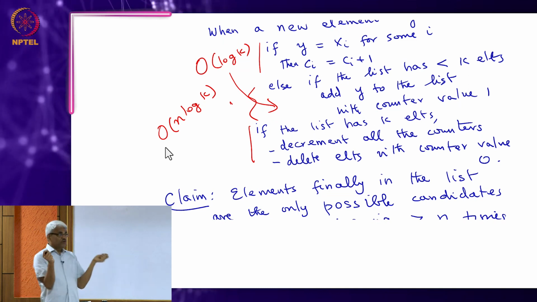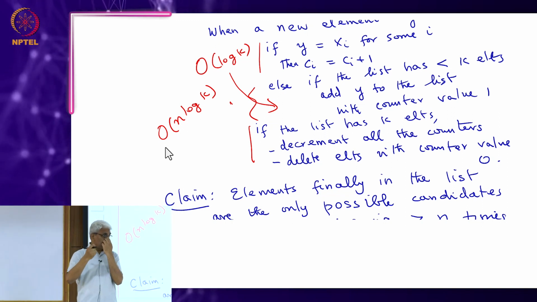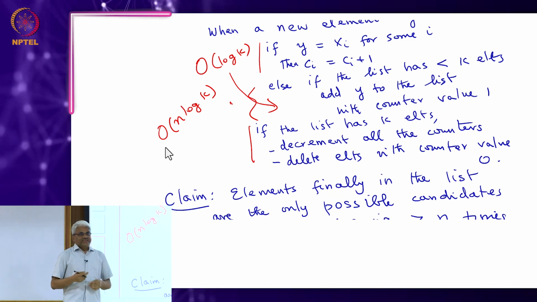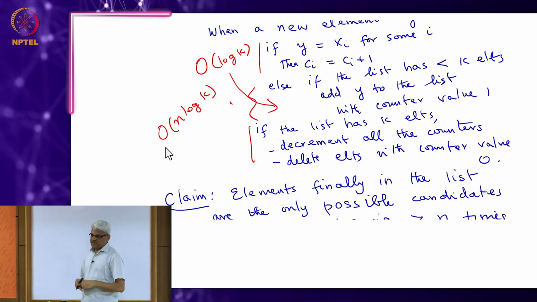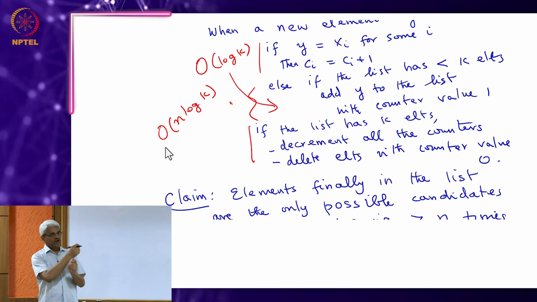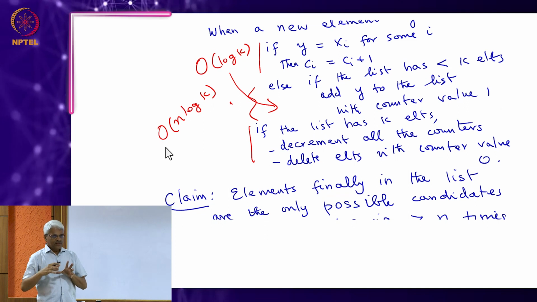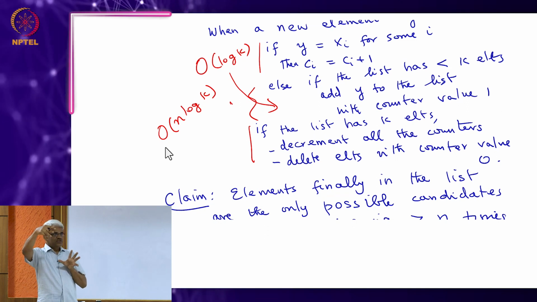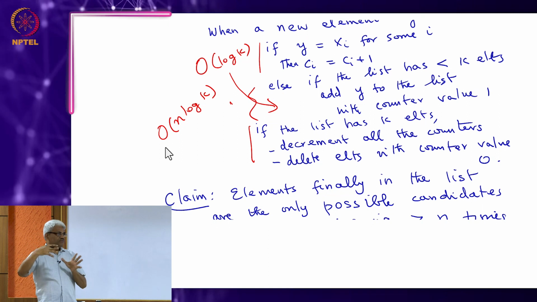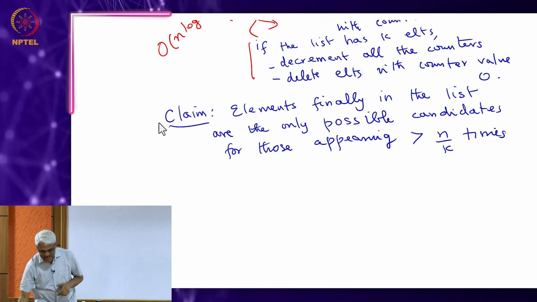And the second confirmation phase, where you take your k elements and count their frequency. Again, naively that is going to take some kn time, because you take each element and count its frequency. Or somehow you can take these k elements and merge with... I'm just going to leave this, maybe it can be discussed in the tutorial.